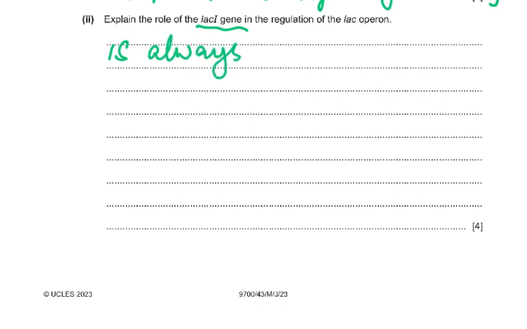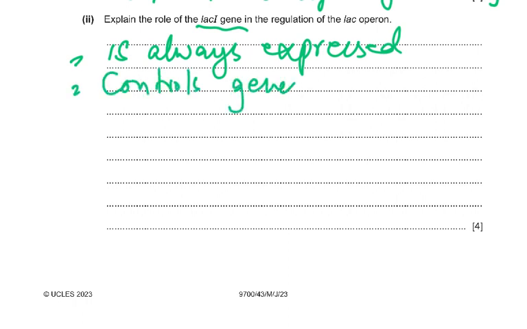Why is it always expressed? I'm just going to revise this with you, don't worry. It's always expressed because it controls gene expression. You see, those genes which are the structural genes will not work. Controls gene expression. Why? Because it codes for the repressor protein.